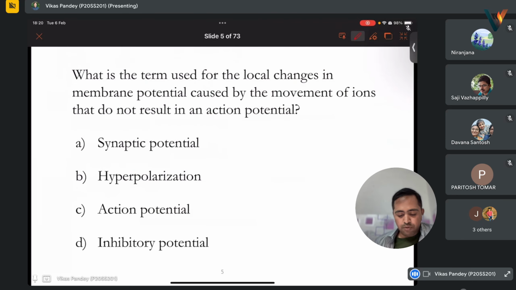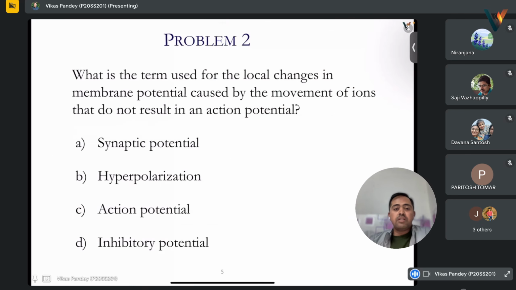Okay, so let's move to the next question. What is the term used for local changes? Remember here again, we are not talking about global changes. We are talking about local changes in membrane potential caused by movement of ions that do not result in action potentials.